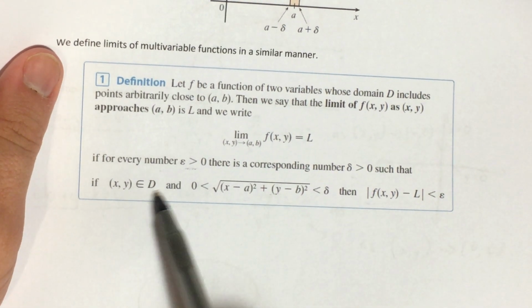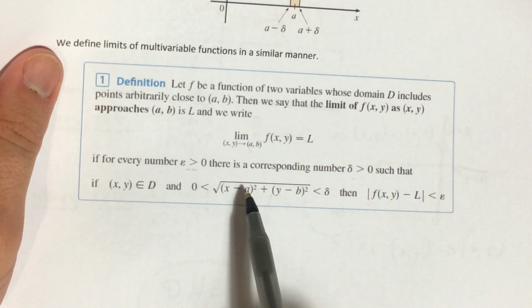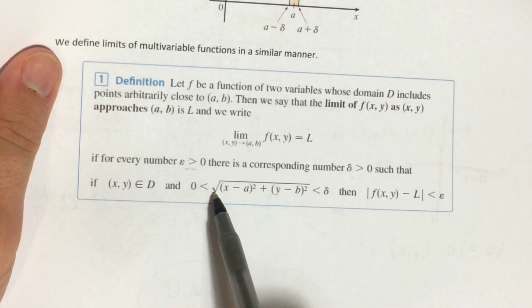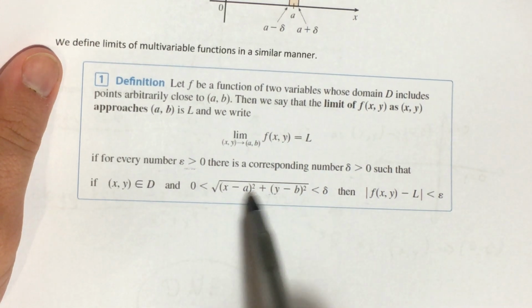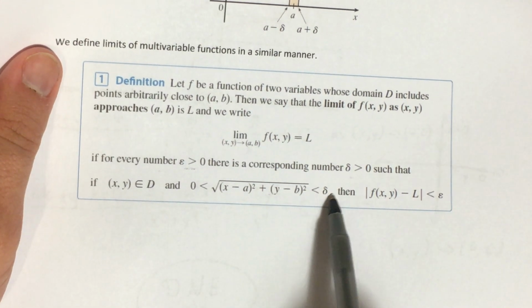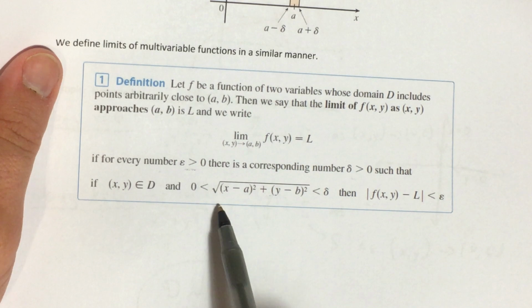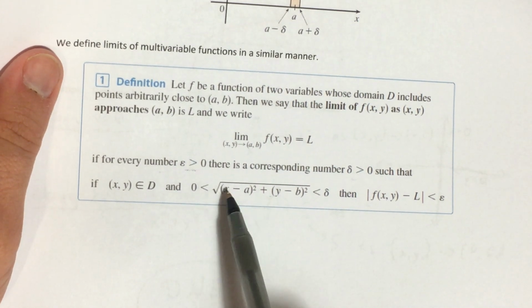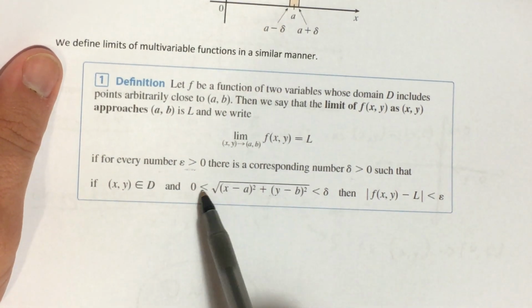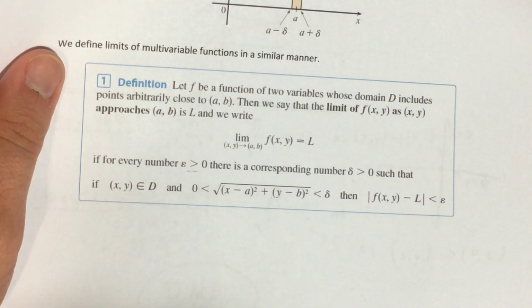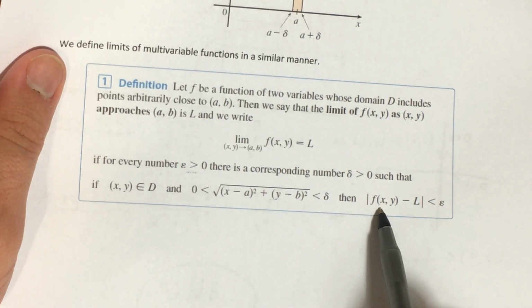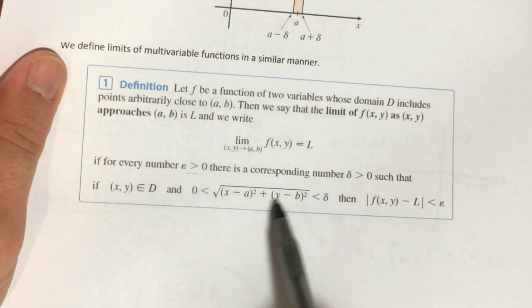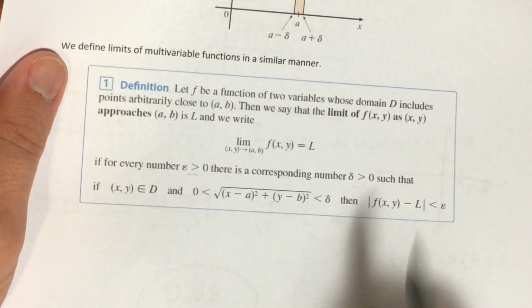For any (x, y) in the domain of our function, if the distance between (x, y) and (a, b), that's what this expression is here, is less than that delta that we would have identified here, but greater than 0, meaning that the distance is positive instead of (x, y) and (a, b) being the same number, then f(x, y) minus L, or the distance between f(x, y) and L for that choice of x and y, is less than epsilon.